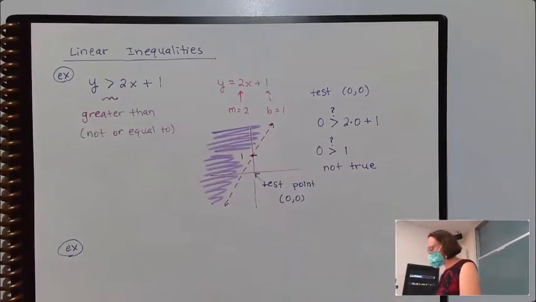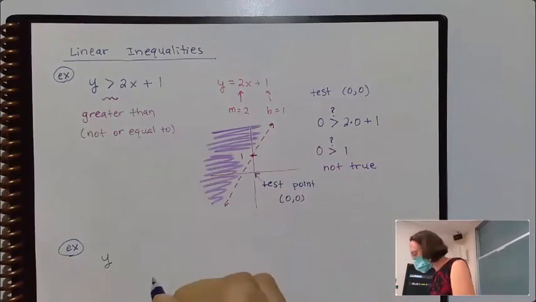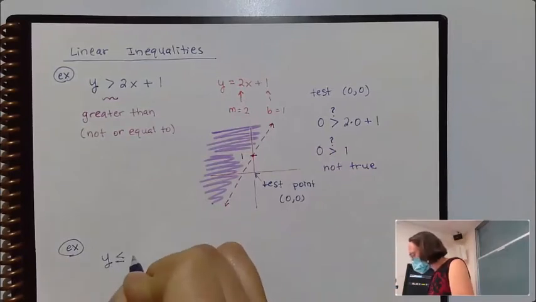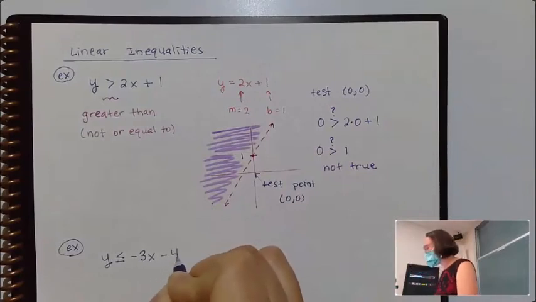Let's do another one. So y is less than or equal to negative 3x minus 4.